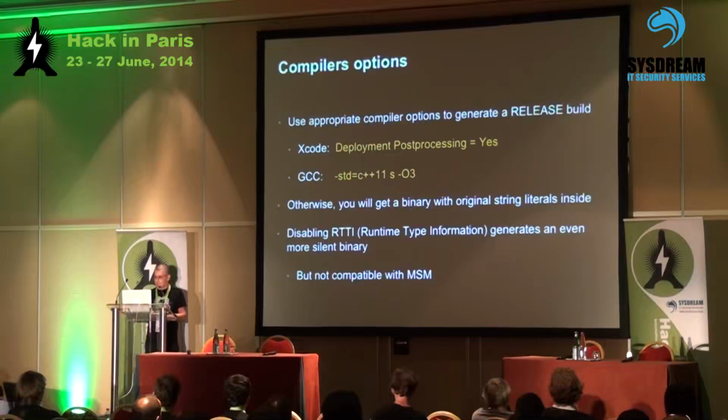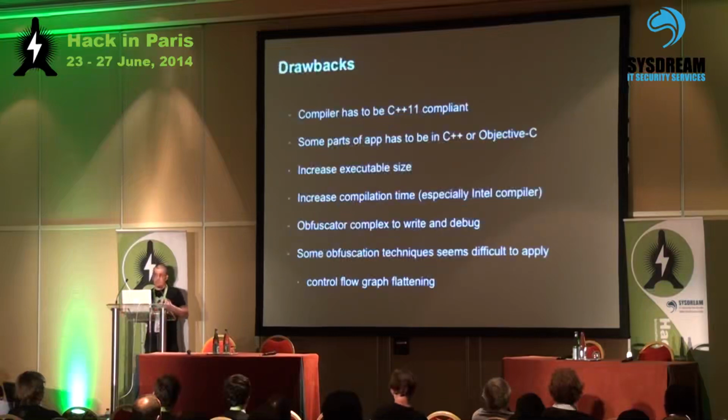Of course, there are some drawbacks of my implementation. You have to use a C++11 compliant compiler. Some parts of your application have to be in C, C++, or Objective-C.